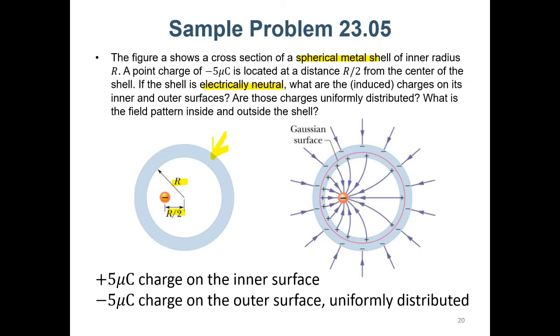And in this case, for the outside, you only see the -5 μC charge. You can imagine you draw a Gaussian surface outside; the total charge inside of this is 0, and this is -5 μC, so we see the -5 μC.